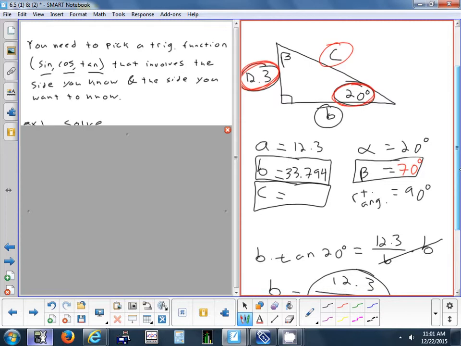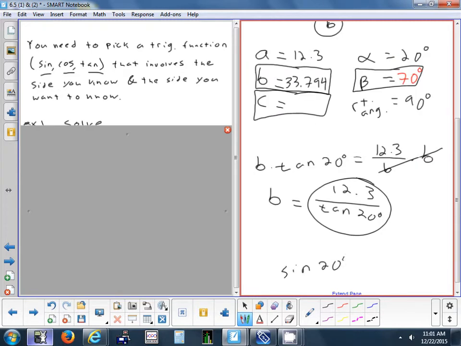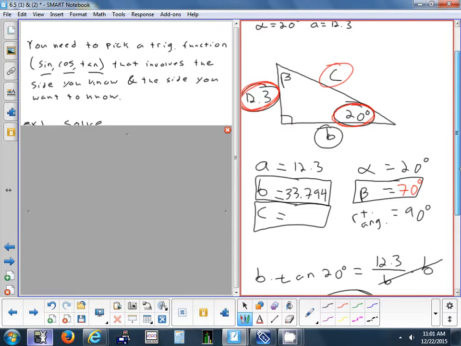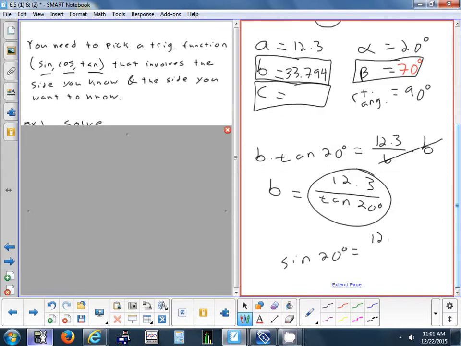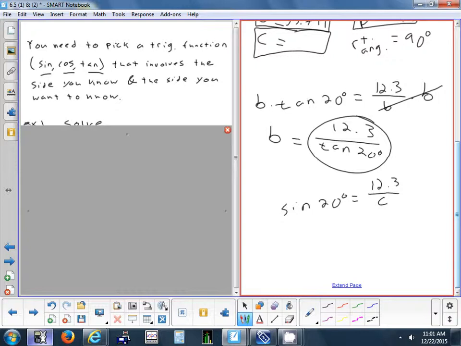Sine of 20 degrees equals 12.3 over C. And what can I do with sine 20 and C? Yeah, basically they just switch places. Okay, so if you're not sure why, just multiply each side by C. That gets rid of your fraction. And then you're going to have to divide by sine 20.